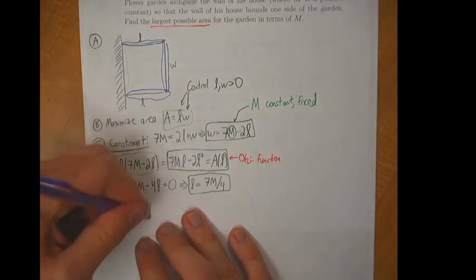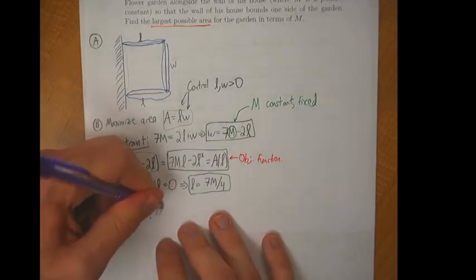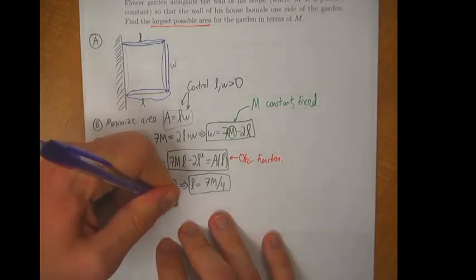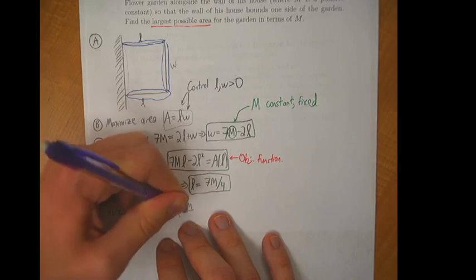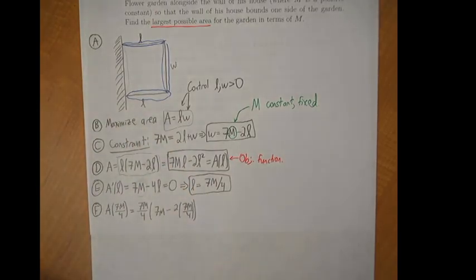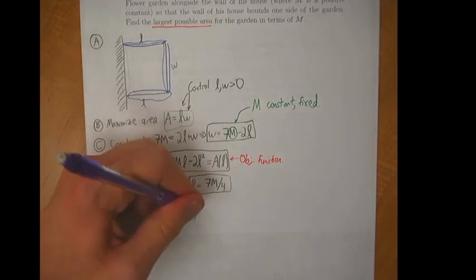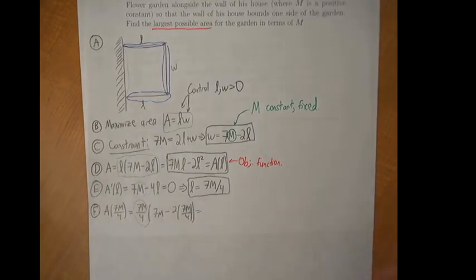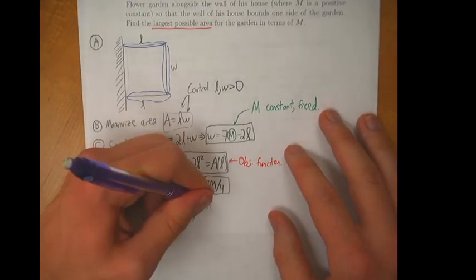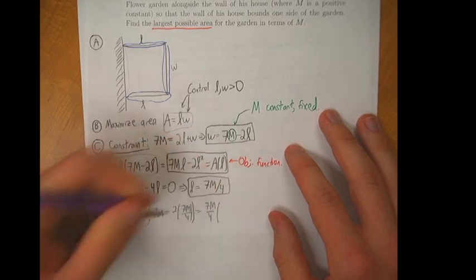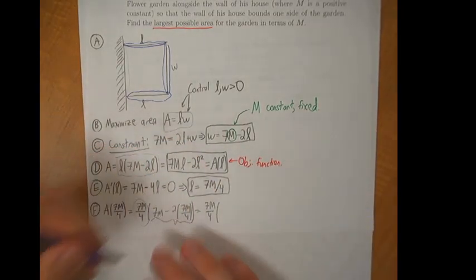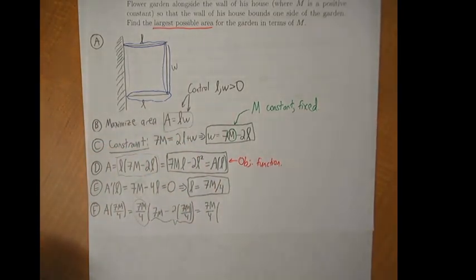So 7m over 4 times (7m minus 2 times 7m over 4). Okay? So this part here, well, that's just 7m over 4. Nothing too crazy with that. But then what is this expression here simplified to inside the parentheses?